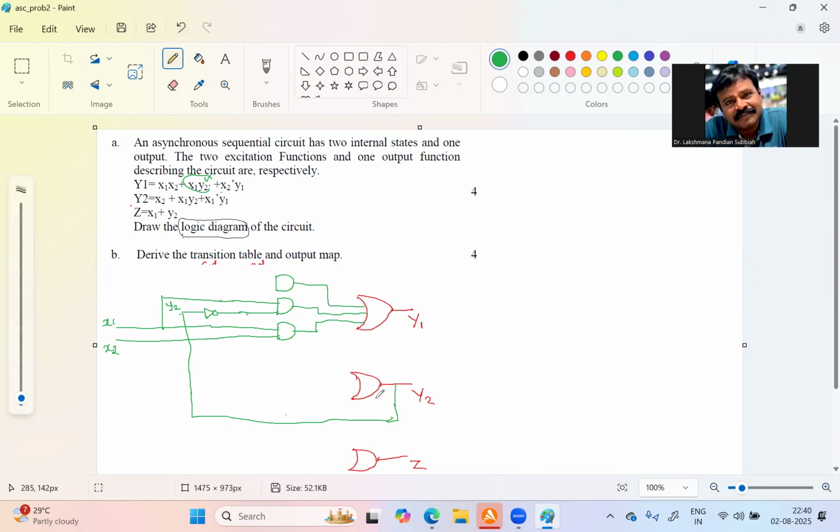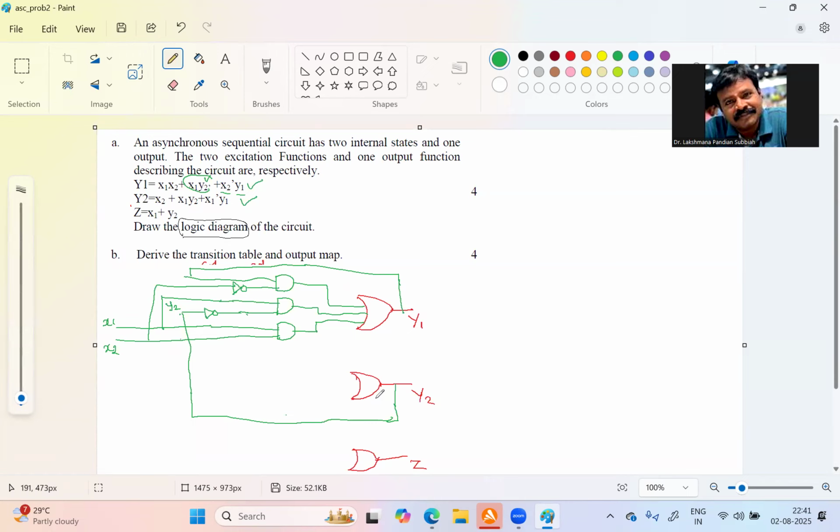Next, x2 dash y1: x2 dash, and y1 is the feedback path. Now the first excitation is over.